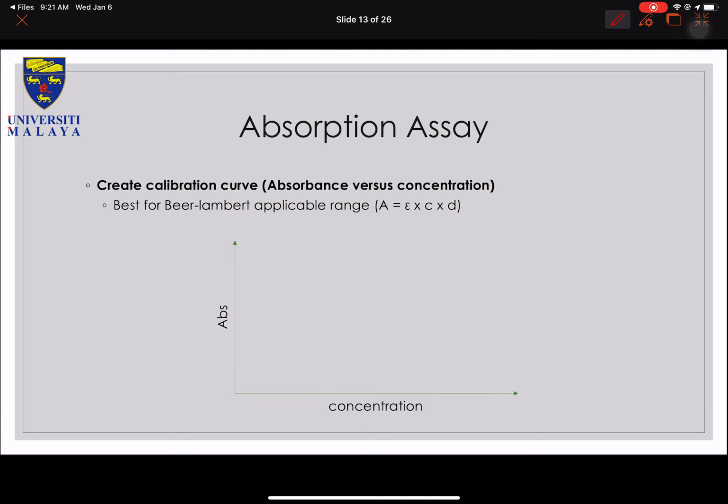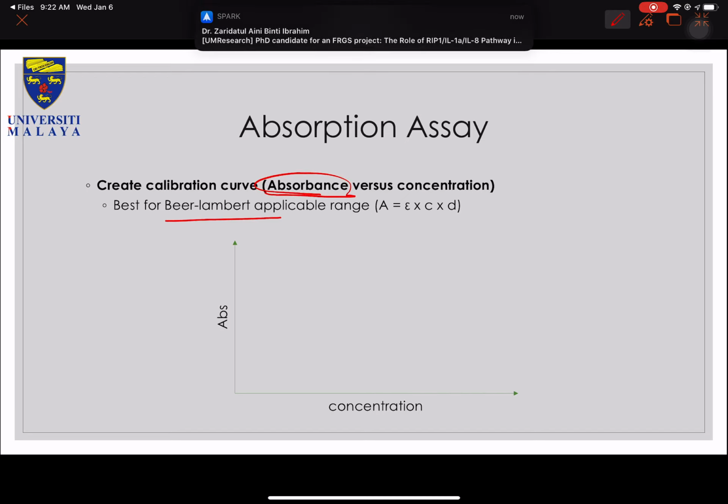And the second one is when you do your absorption assay, of course you need to have a calibration curve. A normal calibration curve is absorbance versus concentration, and because it's UV-vis, it will definitely fit into the Beer-Lambert law and its application.